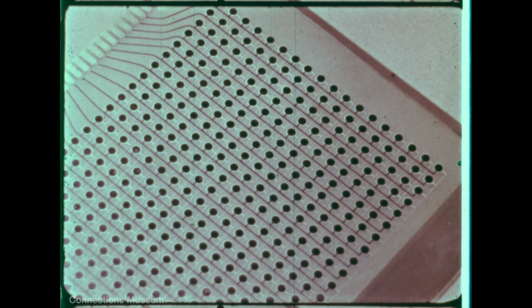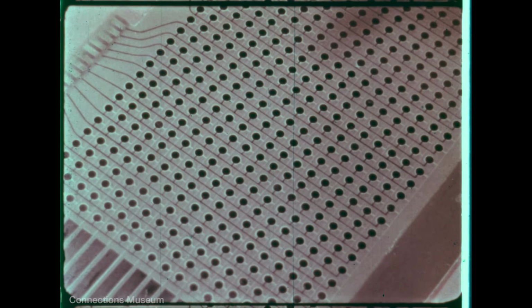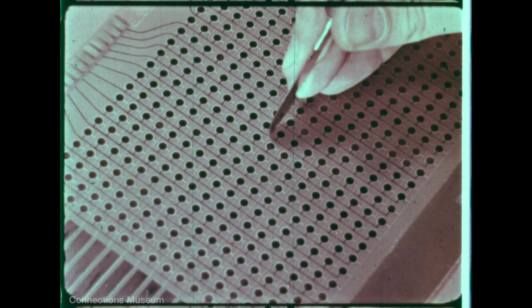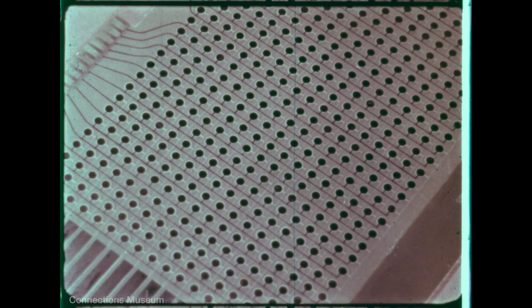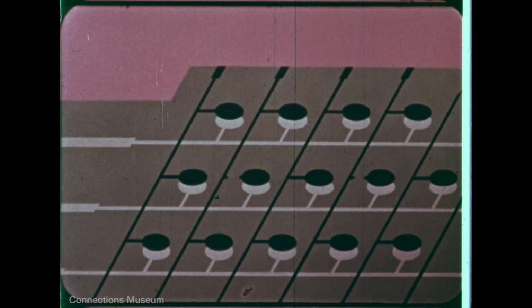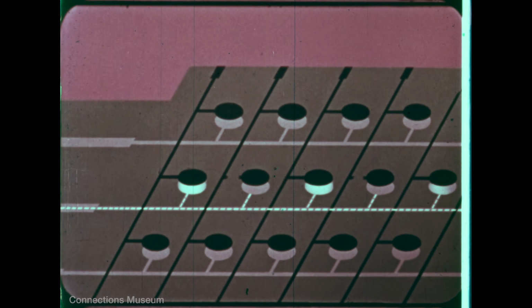The presence of a capacitor cell at an intersection can be thought of as representing a 1. By cutting the electrode leading to a capacitor, the cell can be made a permanent representation of a 0 bit. To read the stored information, a voltage is applied to a horizontal electrode.